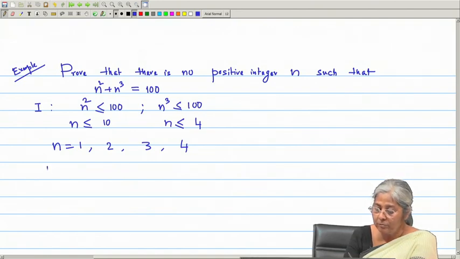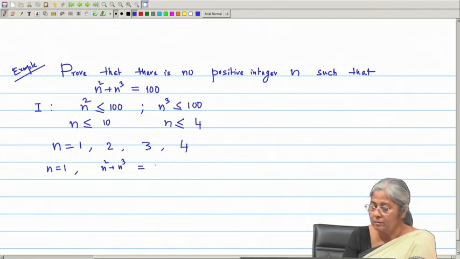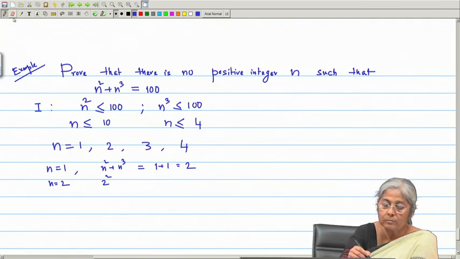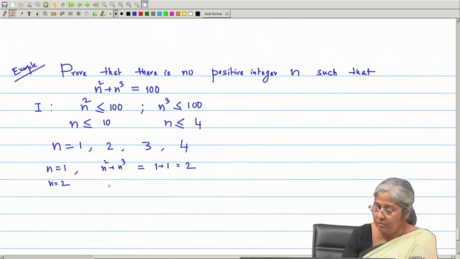Then what is the value of n square plus n cube for n equal to 1? It is 1 plus 1, which is not equal to 100. For 2, n square plus n cube equal to 4 plus 8, 12.